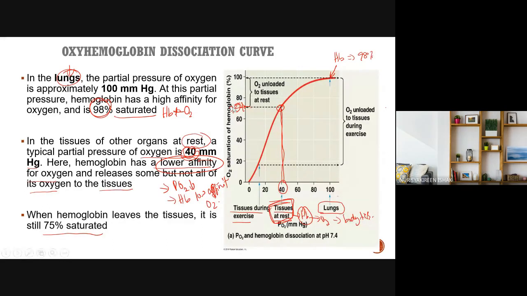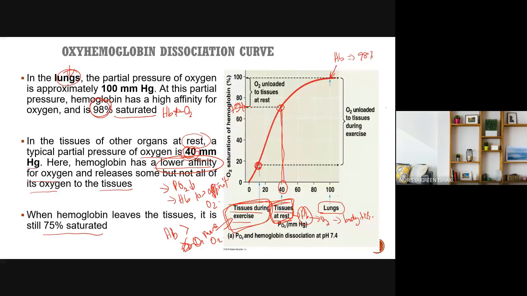So ini at rest. But if you are exercising, okay, obviously when you exercise, your body tissue requires more oxygen. So when your body requires more oxygen, hemoglobin has a very low affinity. Okay, dia ada lebih rendah affinity kepada oksigen, so more oxygen will be released.